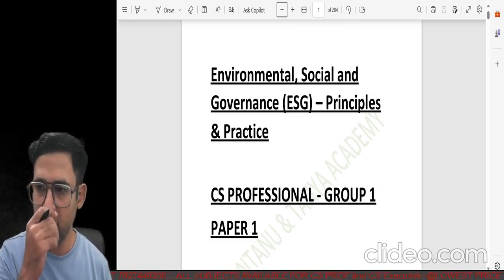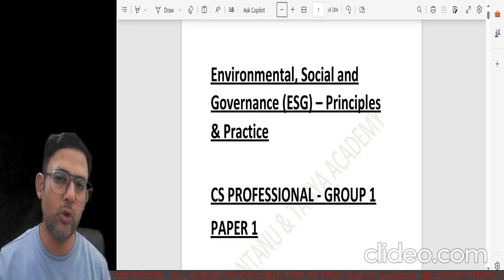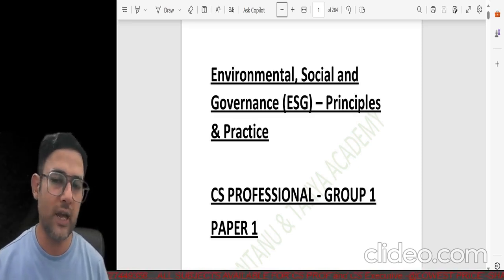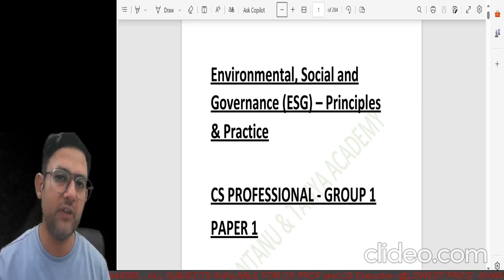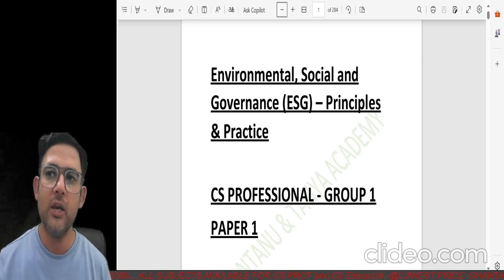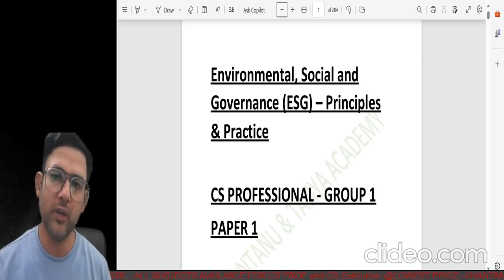So it is worth writing down some notes as we move along, although the notes that we have provided to you are complete in themselves. After referring to these notes and the classes, there's nothing whatsoever that you need to refer to further, because everything required from the examination perspective has been taken care of in these notes.